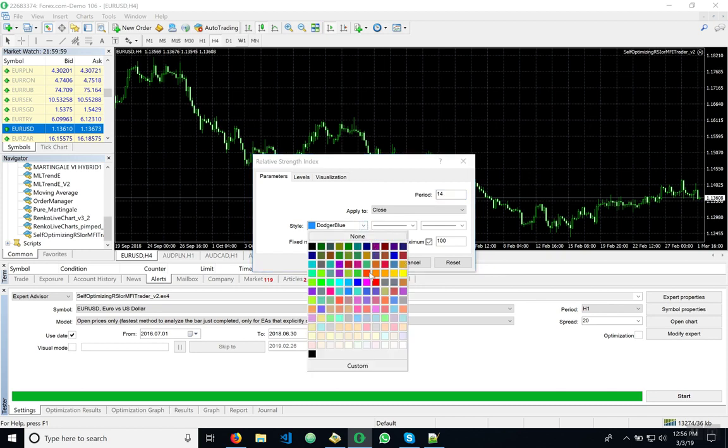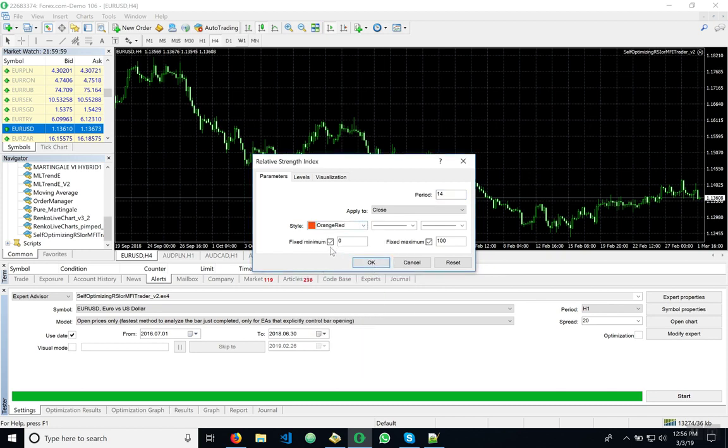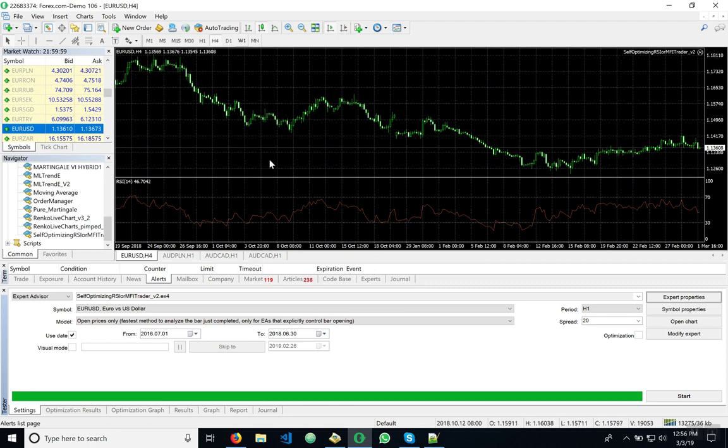We set it to red, with a fixed minimum of 0 and a fixed maximum of 100 on the scale. Okay, and as we see here, our RSI indicator is on, compared to our currency chart. Here we have 70, which marks the line for the overbought position, and 30 represents the oversold position.